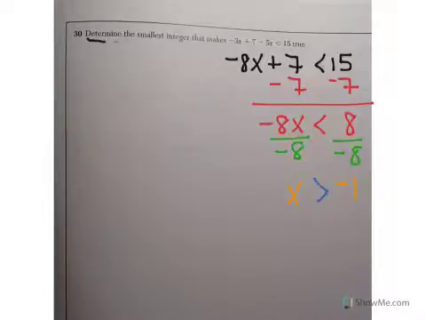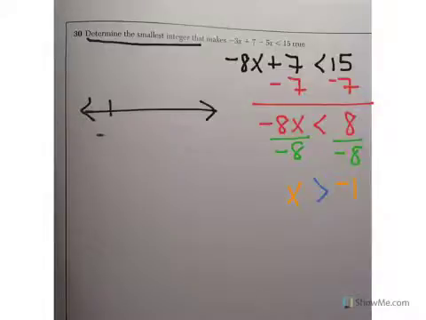Now they asked us, what is the smallest integer? So if you just leave it like this, you won't get full credit. You'll get 1 point out of 2. Now if you needed to make a picture to see it, here's what your picture would be. Negative 1, 0, 1. So at negative 1, it would be an open circle because it's not equal to negative 1. And if you remember, greater than, and look how it's pointing to the right. And you can only do this directional pointing method when x is on the left.